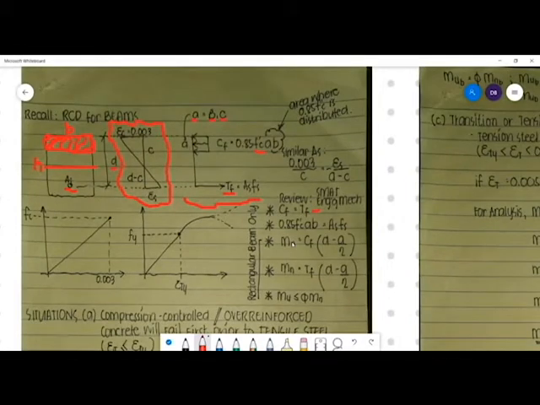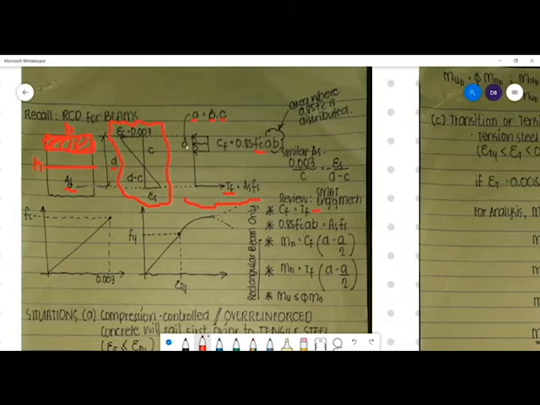For moment naman, if we do summation of moment at the tension area, M sub n is equal to C sub F multiplied by D minus A over 2. Ang D natin is the effective depth, distance from the top compression fiber up to the steel.